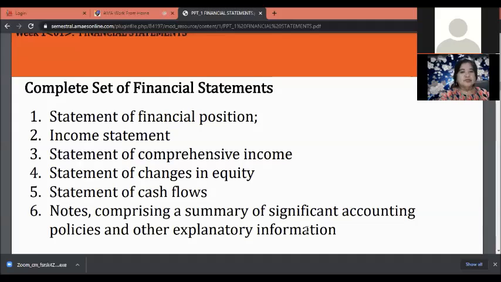We have also two kinds of form of income statement presentation. It can be single step form, and the other one is multiple step form, which is normally used if you are dealing with merchandising firms. Normally used also to identify IS pa rin yun. Then the statement of changes in equity.